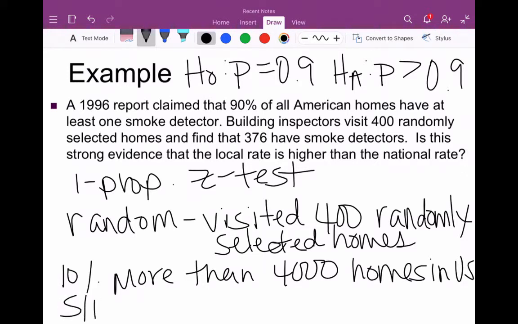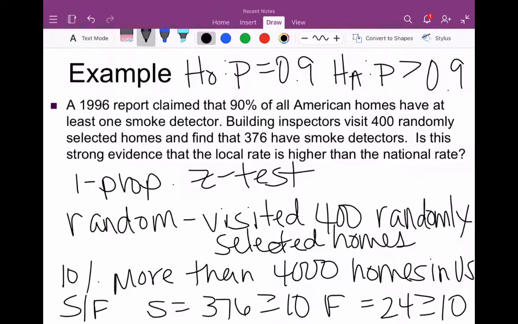And then our success/failure. So our successes is equal to 376, which is greater than or equal to 10, and our failures is equal to 24, which is also greater than or equal to 10. And it's the plausible independence. It is plausible to have each house be independent from the next. So if your neighbor only has one smoke detector, it does not mean that you have to have one.